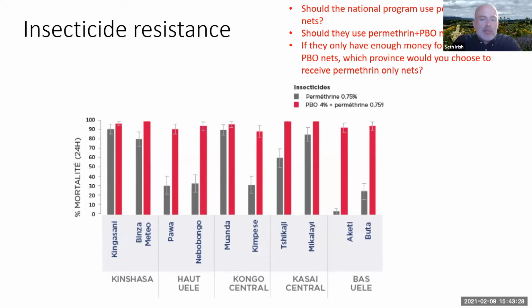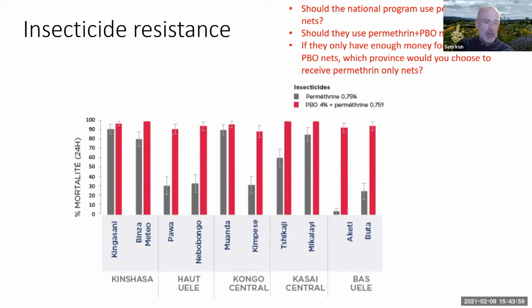So here I'm presenting some results from Congo, and you can see that the gray line is when we exposed mosquitoes to permethrin alone, and the red line is the mortality when we exposed mosquitoes to PBO and permethrin. You can see that in some sites, the mortality with permethrin alone or with permethrin and PBO is not too far off.